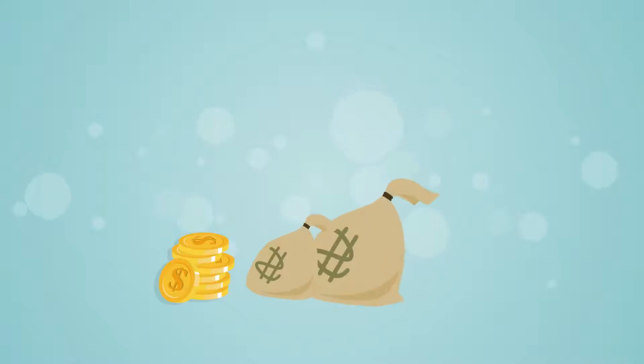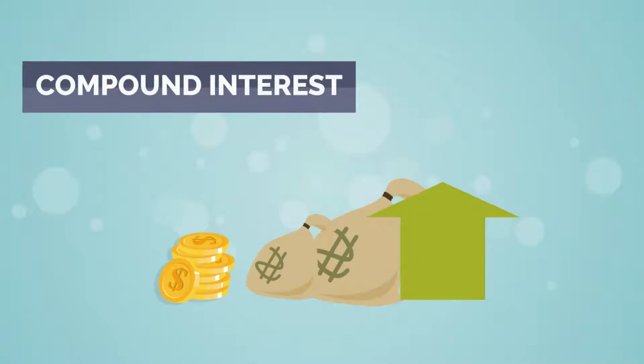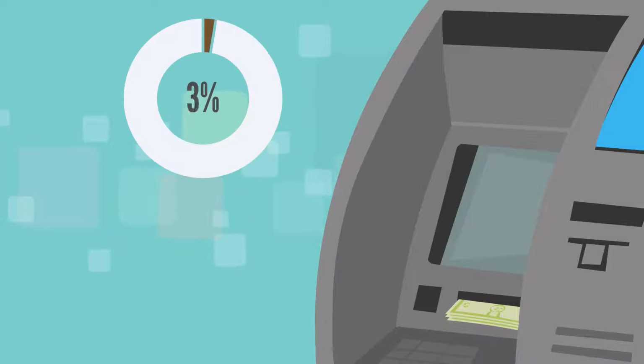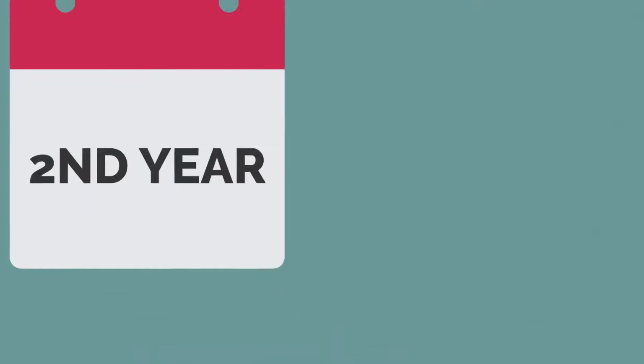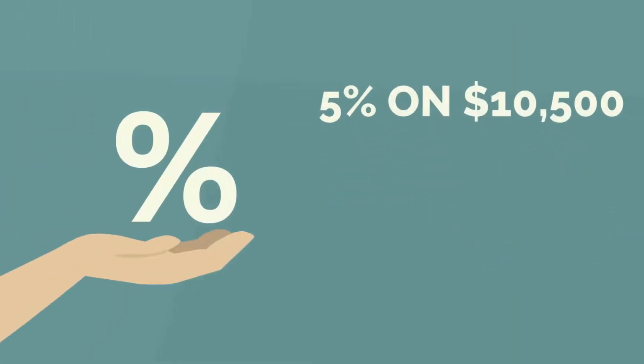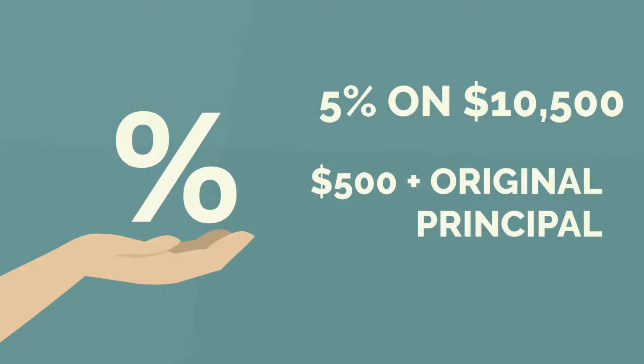Using the same figures and this time applying compound interest, if you deposit this money in the bank at a 5% interest compounded annually, you'll be earning $500 in the first year, same as the simple interest. However, in the second year, the interest you'll be making will be 5% on $10,500, since the $500 from the first year is added to the original principal.